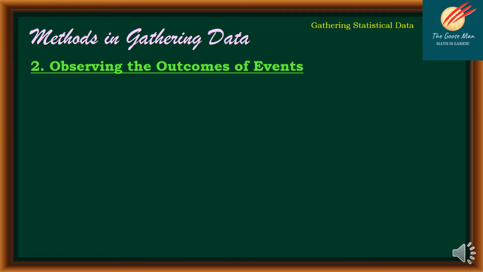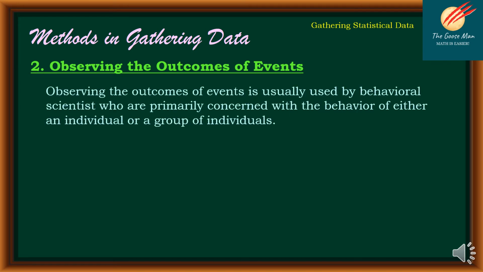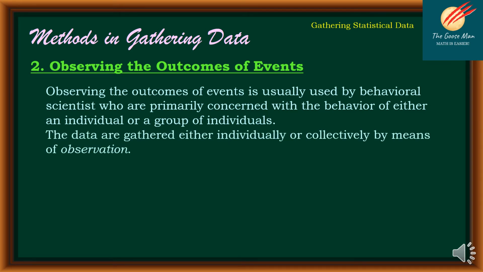Let's move on to the second method of gathering data, which is observing the outcome of events. This is usually used by behavioral scientists who are primarily concerned with the behavior of either an individual or a group of individuals. So the data are gathered either individually or collectively by means of observation.